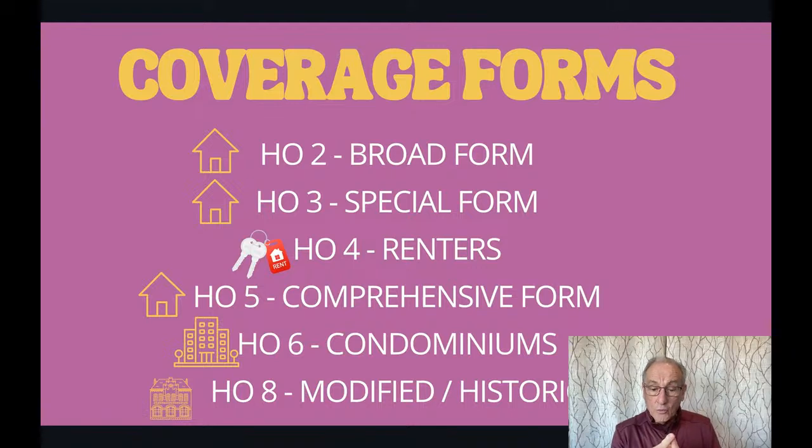The HO2, which is going to smell and taste a lot like the DP2. The HO3, which is going to smell, taste, and look a lot like the DP3. And then something new, a comprehensive HO5. If I'm going to buy homeowners policies, those are the 3 offerings my agent will give me.